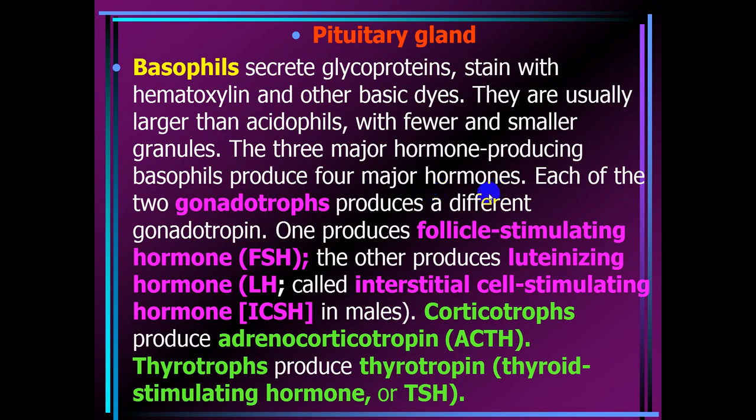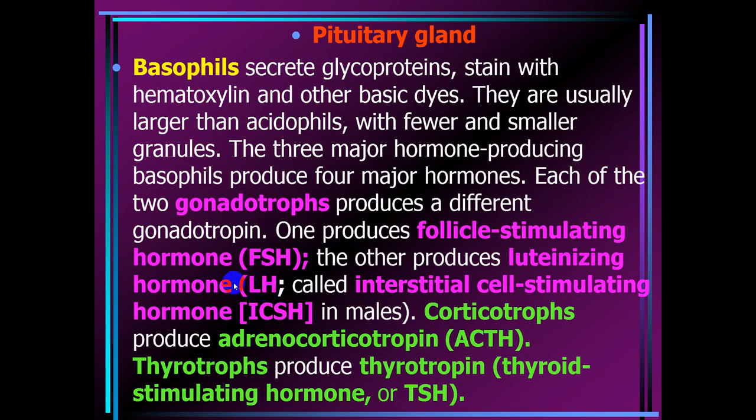The first hormone is follicle stimulating hormone, FSH. The other, in another part of the sex cycle, is luteinizing hormone, LH.